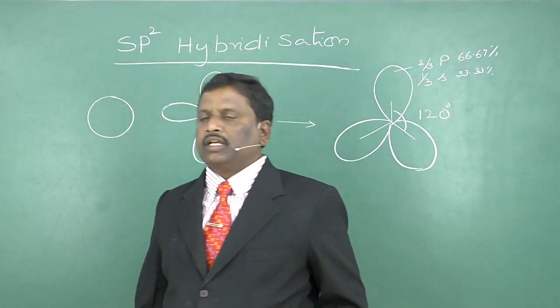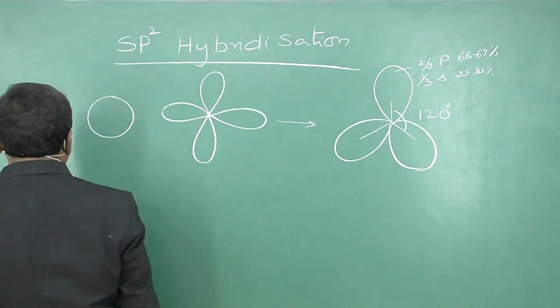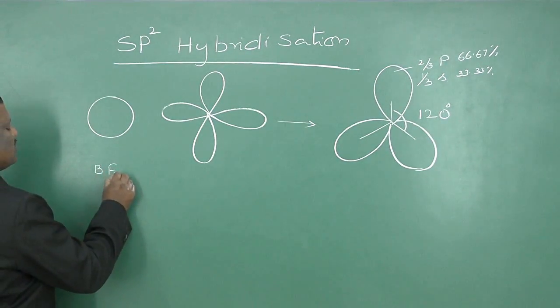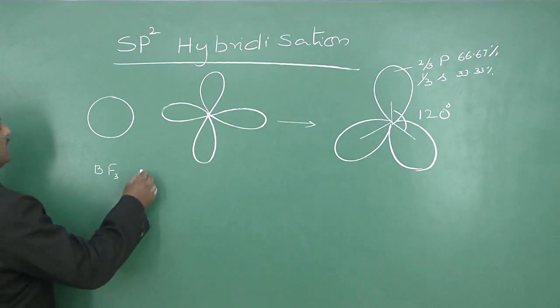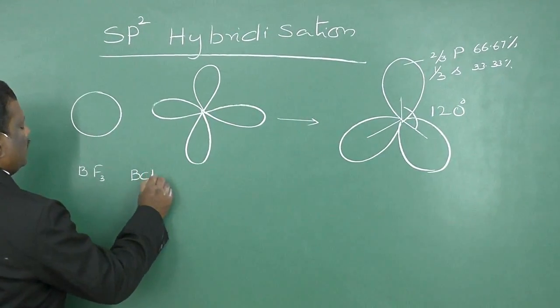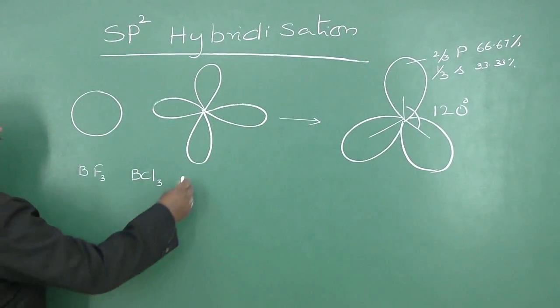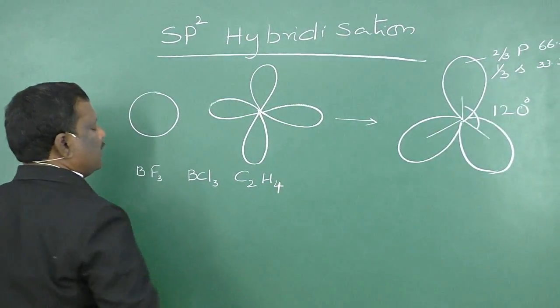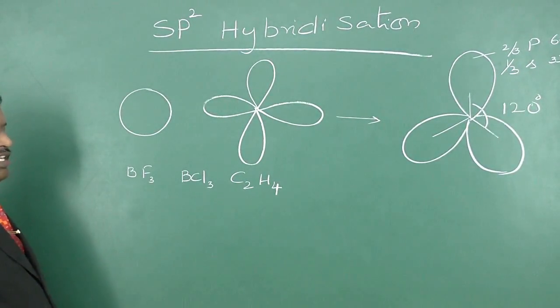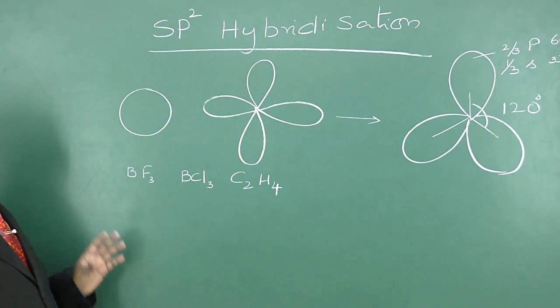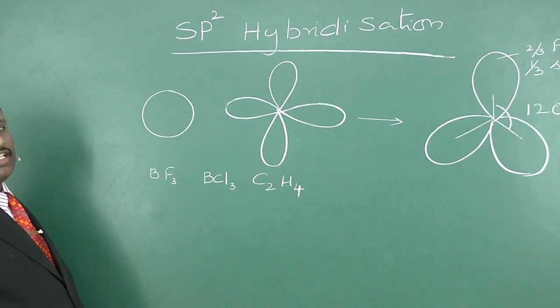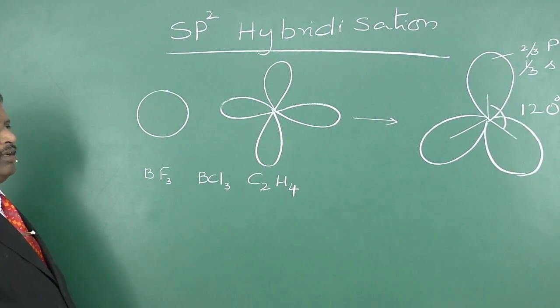The examples in which this hybridization is involved are BF3, boron trifluoride, BCl3, boron trichloride, and ethylene, C2H4, or ethene, C2H4. These are the important molecules in which we can observe this Sp2 hybridization.